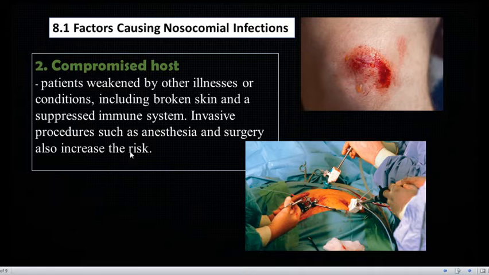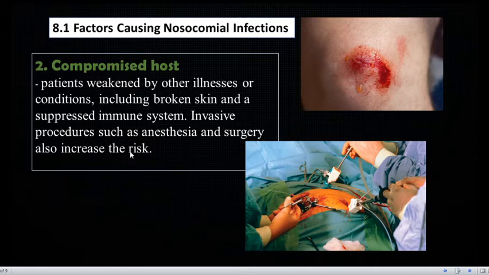Okay? So remember that. On the other hand, when you are having an invasive procedure, okay, this is a medical procedure that invades the body or enters the body. So how? Usually by, for example, cutting the skin. If you're undergoing surgery, that's possible.